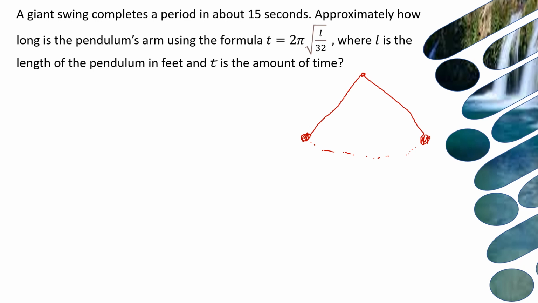If this pendulum is a swing, then it has a general formula T equals 2 pi square root of L over 32. So let's substitute.